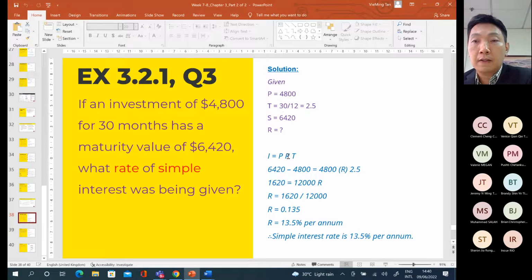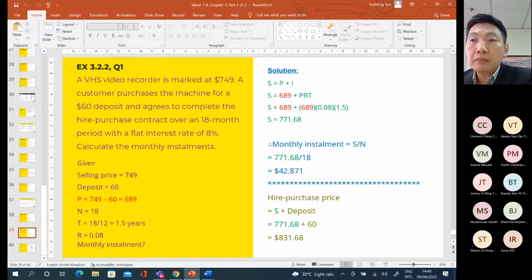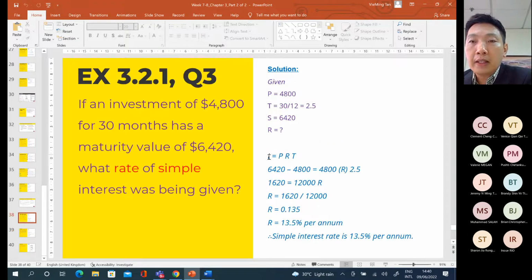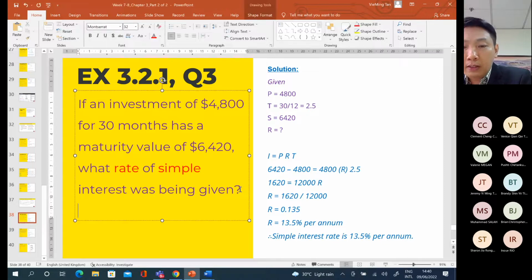Okay, paste to here. Then the next step is to substitute the number into each variable. Okay, the I, from this question, we don't have the direct information, right? We don't know the I value, but we know that I is equal to S minus P. Okay.